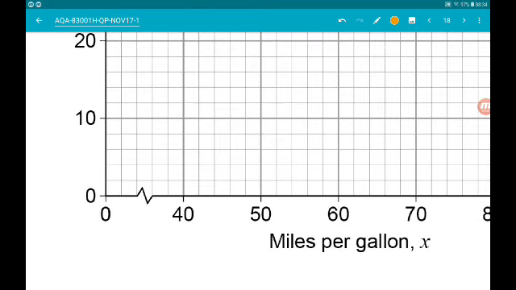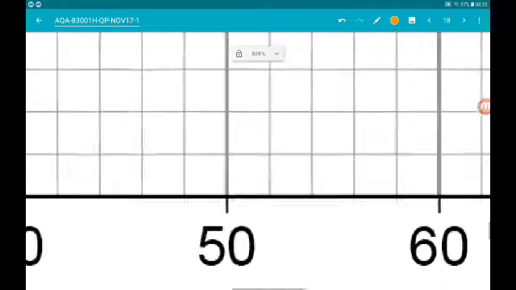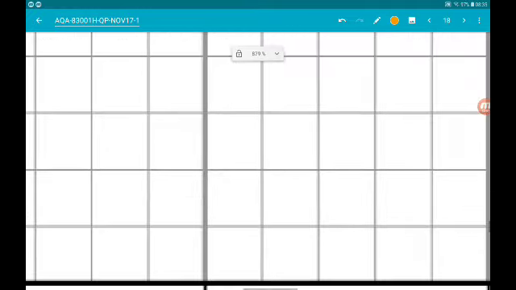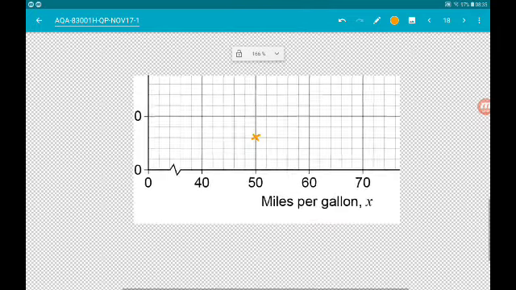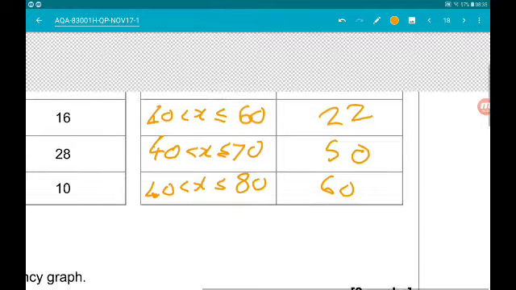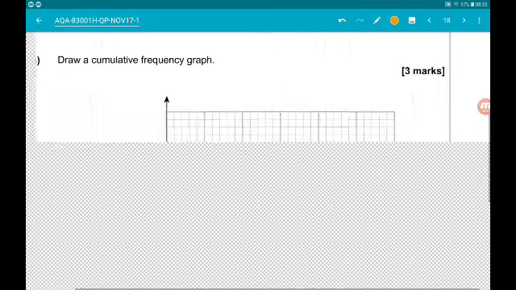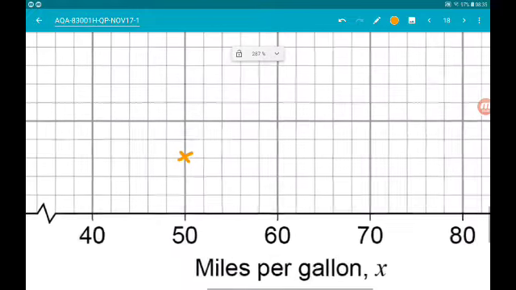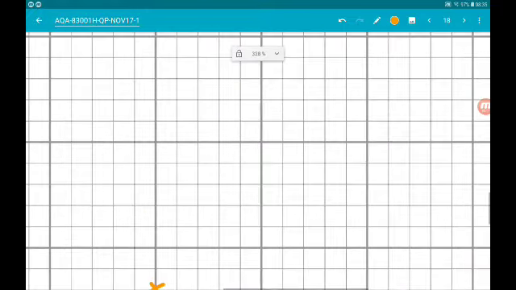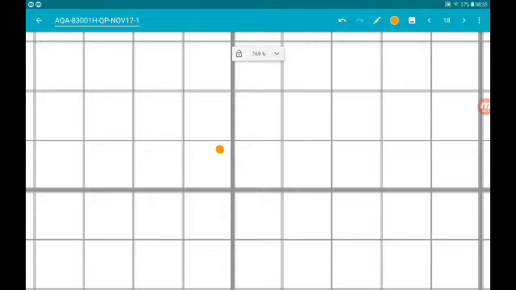Our scale upwards is that each little square is worth 2. So we are going to be there. Okay, the next one is 60, 22. So that's going to be there.